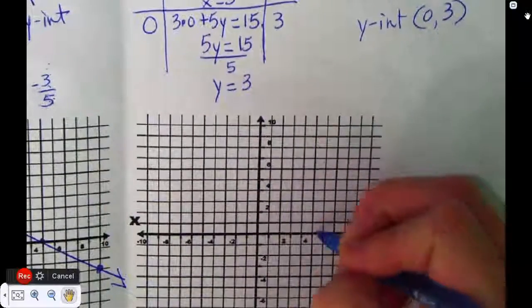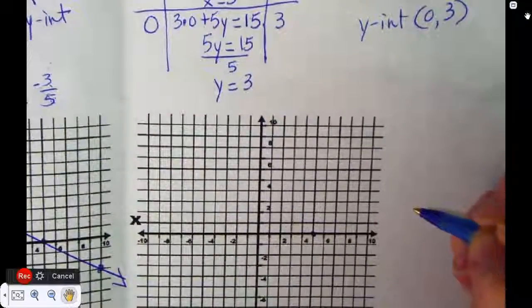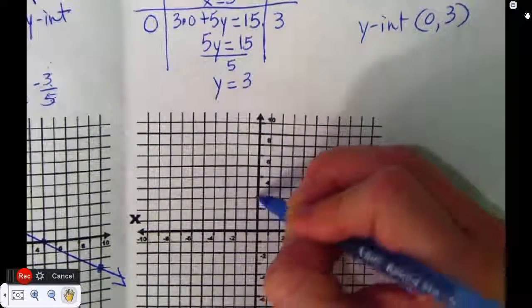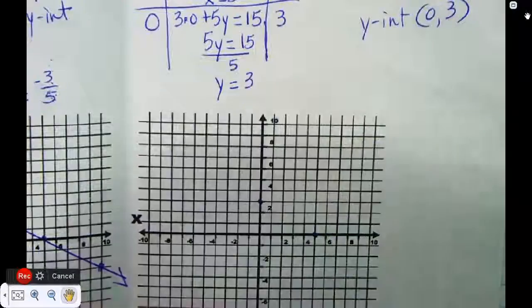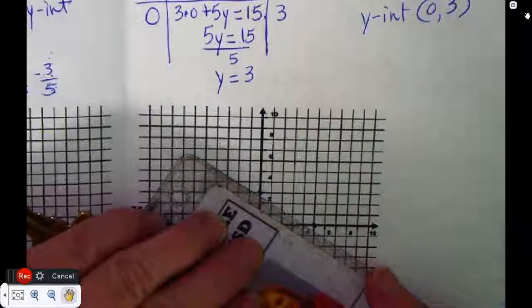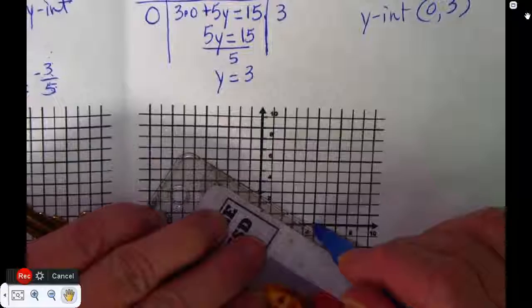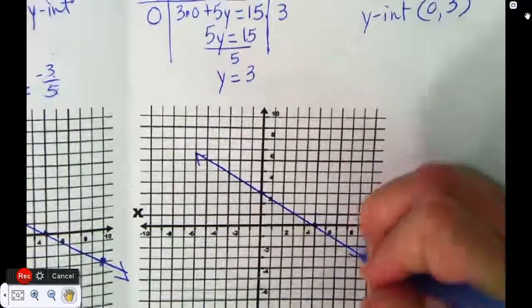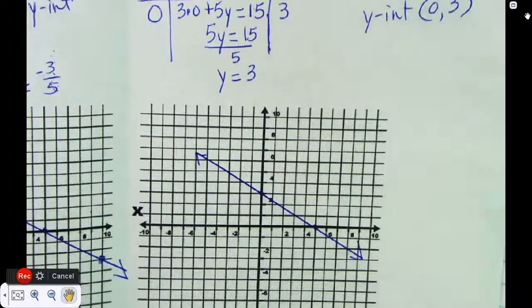So now the x-intercept is 5, 0. Go over 5, 0. And then 0, 3. Connect your points. It should be the exact same line because it's the exact same equation. The slopes should be the same.